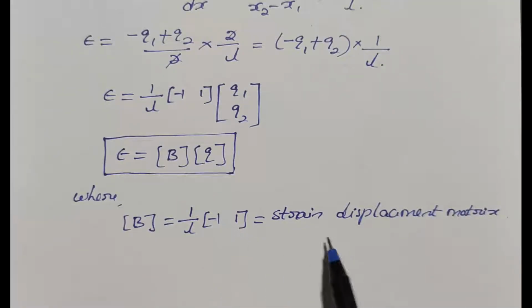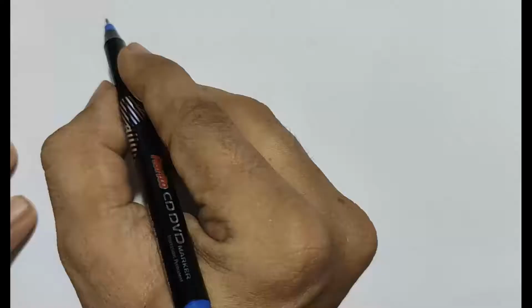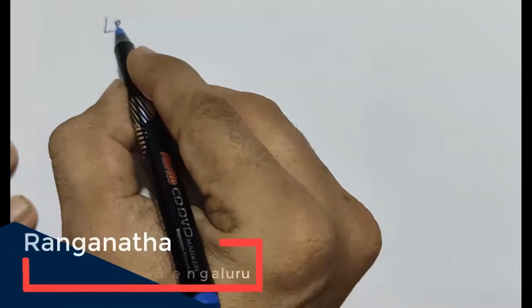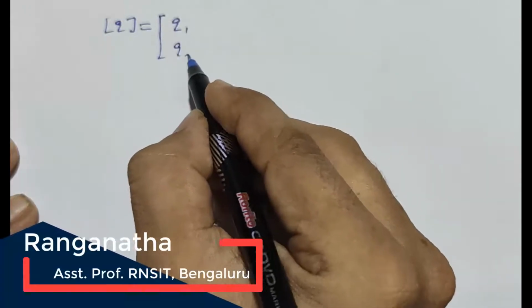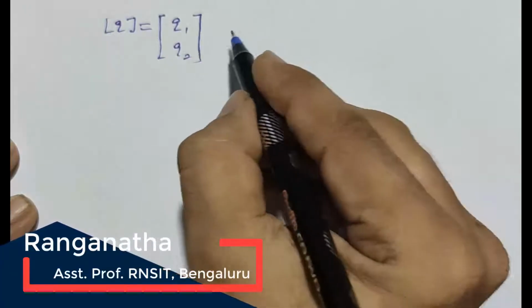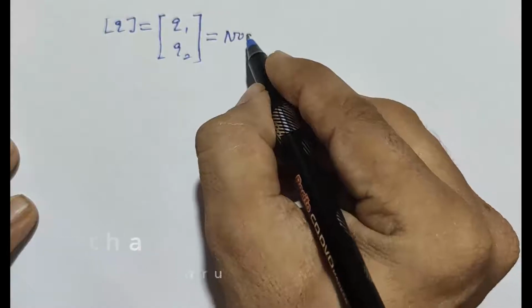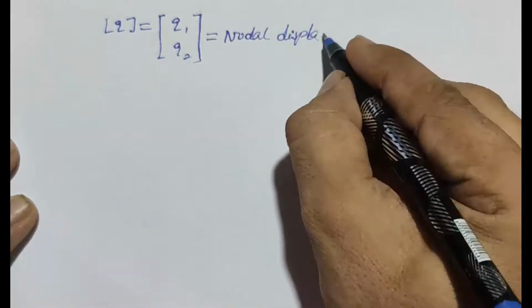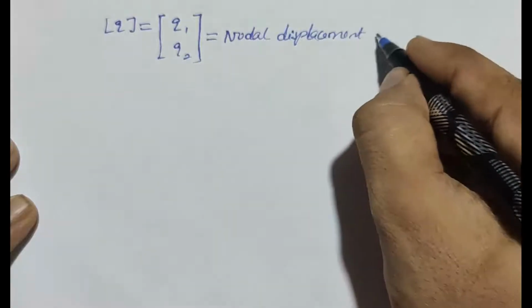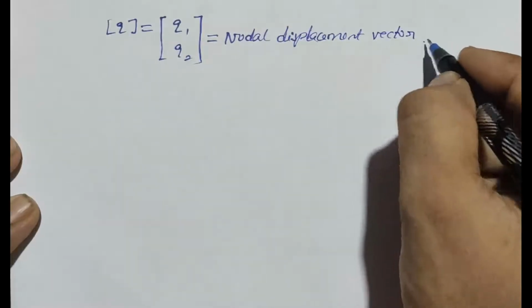It is called as strain displacement matrix. Q is [Q1, Q2]. It is called as nodal displacement vector.